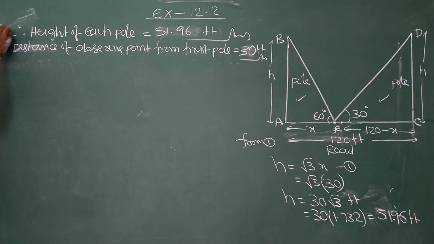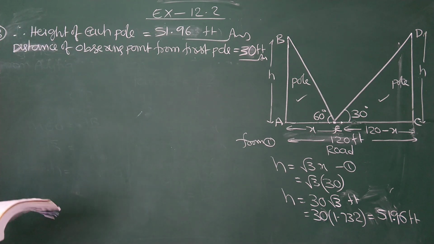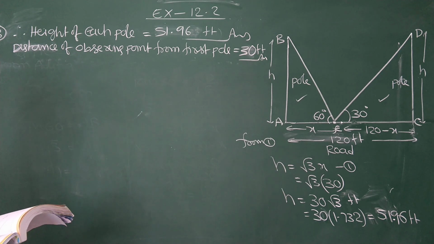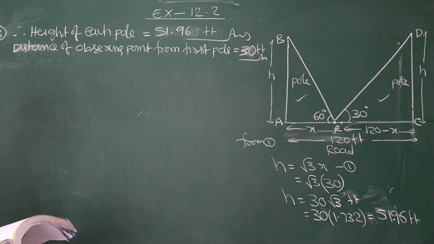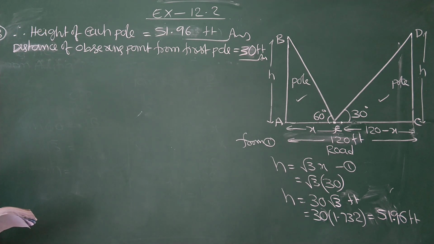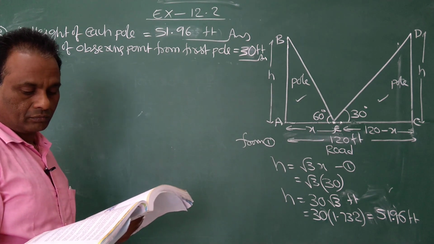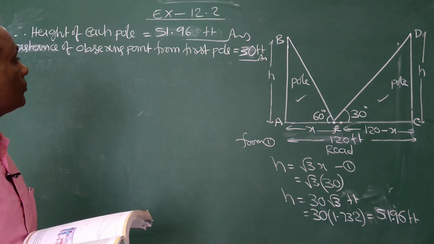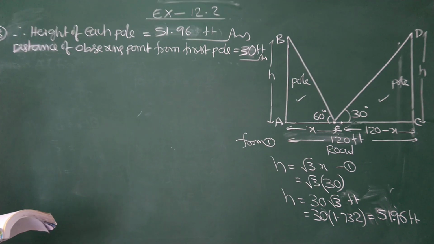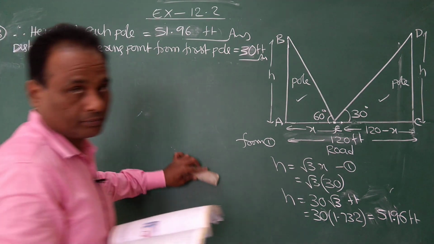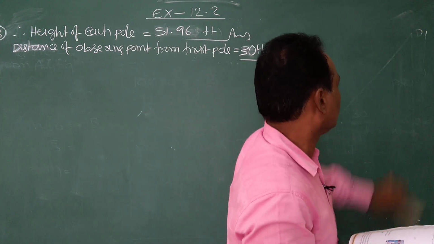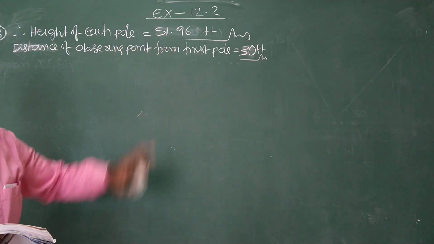All of you read the 8th question. Height of each pole is equal to 51.96 feet.